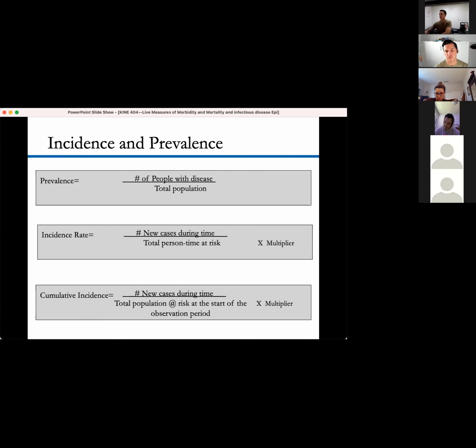So PrEP, or pre-exposure prophylaxis, you've maybe seen commercials for it. Truvada and Descovy are the two common ones that you see a lot of commercials for. It's essentially a single pill that a person can take that reduces their risk of getting infected with HIV by about 99%. If someone thinks they might be at risk of getting infected with HIV and they take that pill every day regularly, then their chance of getting infected is almost nothing.